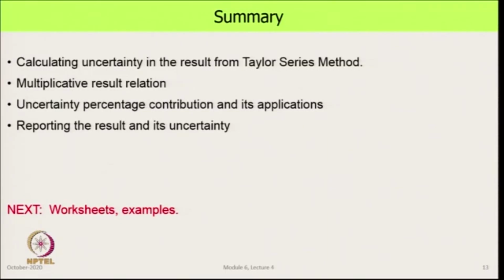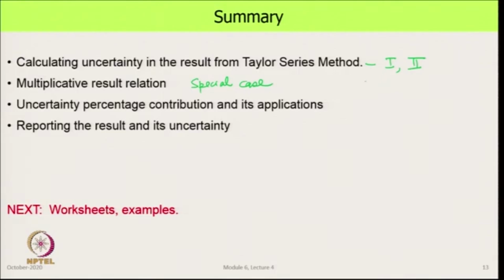What we have learned is calculating uncertainty in the result from Taylor series method, and we looked at two methods, method 1 and method 2. Then we looked at a special case of the result formula being purely multiplicative in nature, and we saw life becomes much more easier to deal with if we have the multiplicative relation.